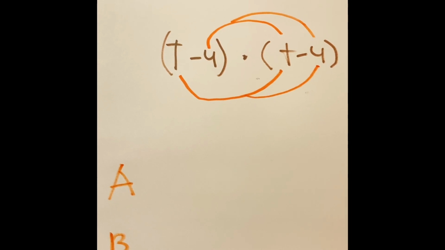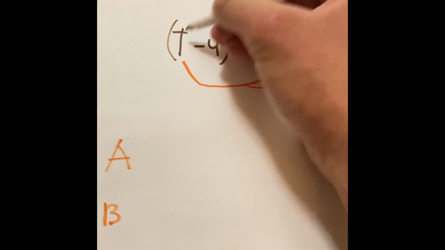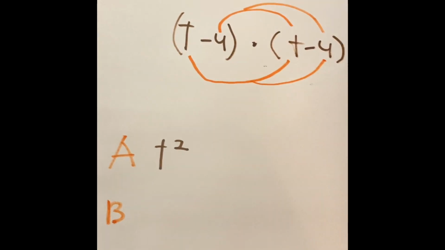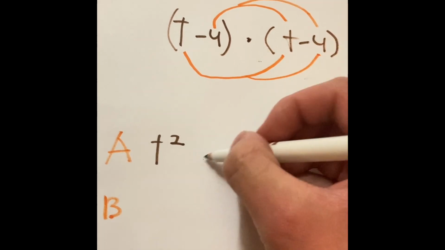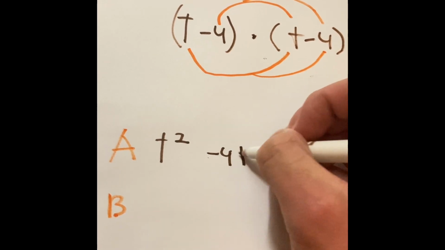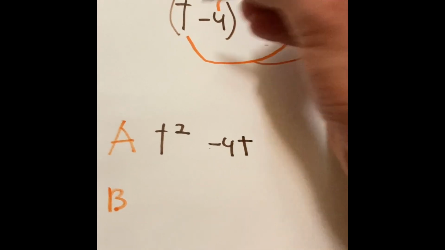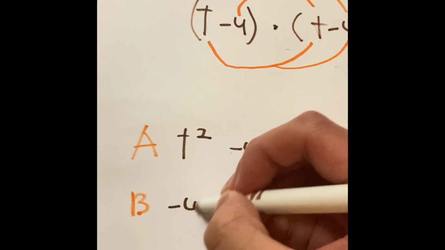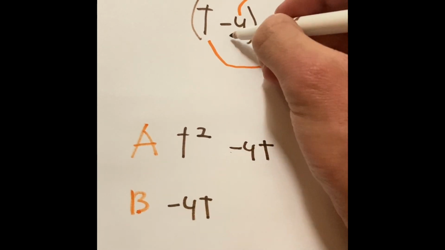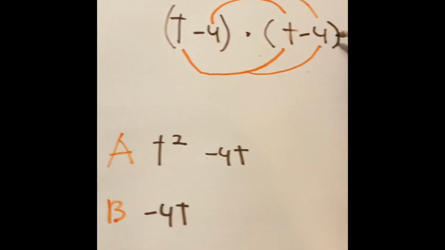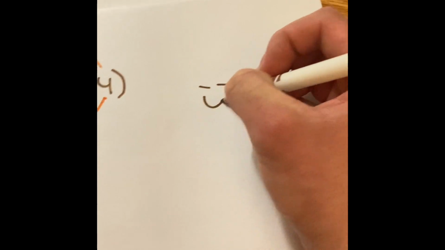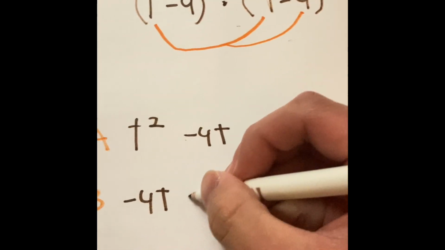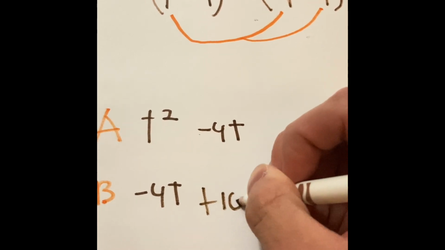So let's get started. t multiplied by t is t squared, and t multiplied by -4 is -4t. On the bottom one, -4 multiplied by t is -4t. And -4 multiplied by -4, a negative times a negative is positive, that's going to be a positive 16.